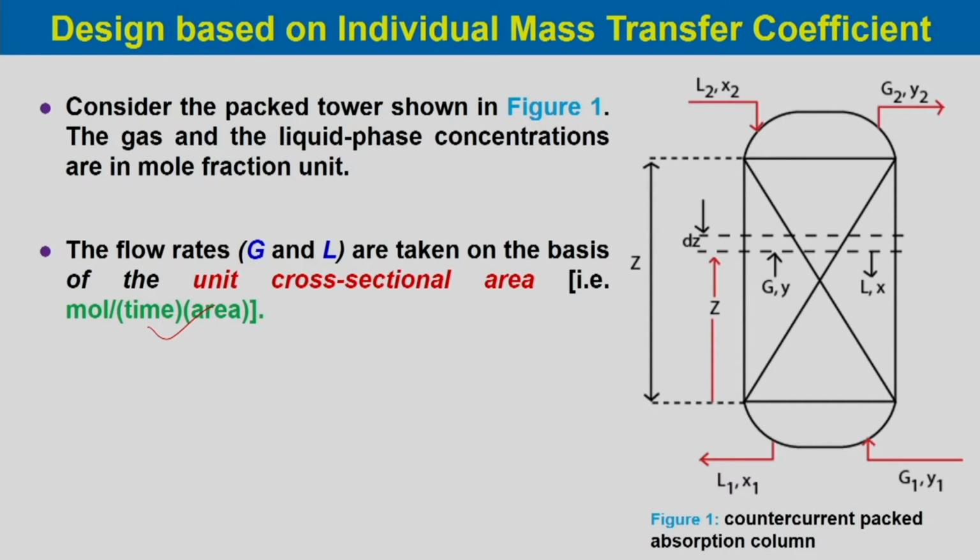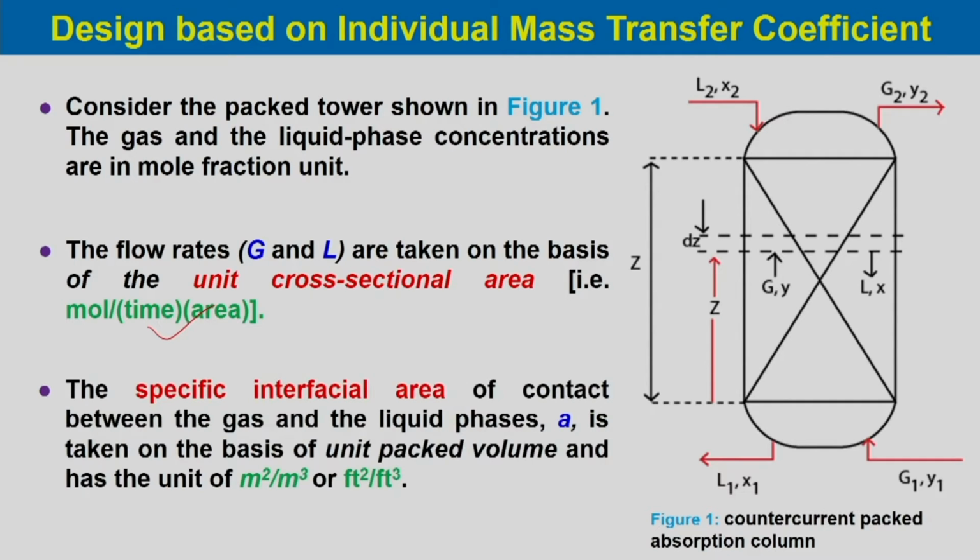L1, L2, G1, G2 and G and L are the gas and liquid flows. The specific interfacial area of contact between the gas and the liquid, small a, is taken on the basis of unit packed volume and has the unit of either meter square per meter cube or feet square per feet cube, so per unit volume of the packing.